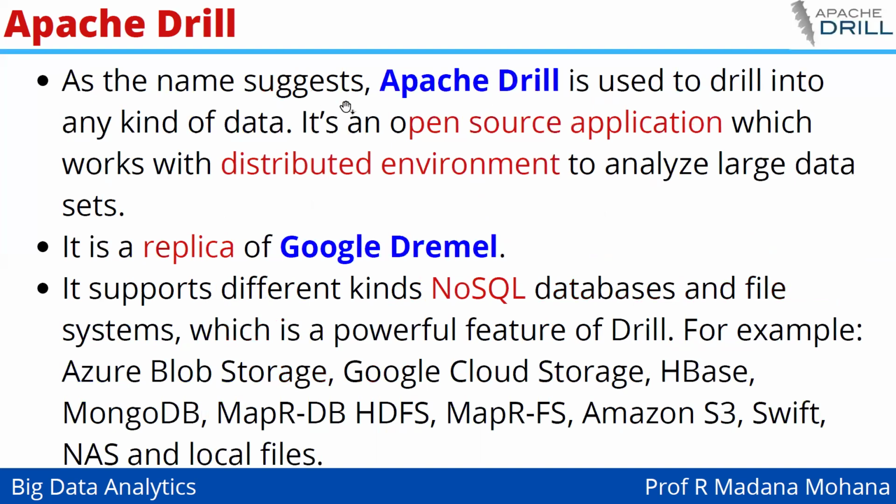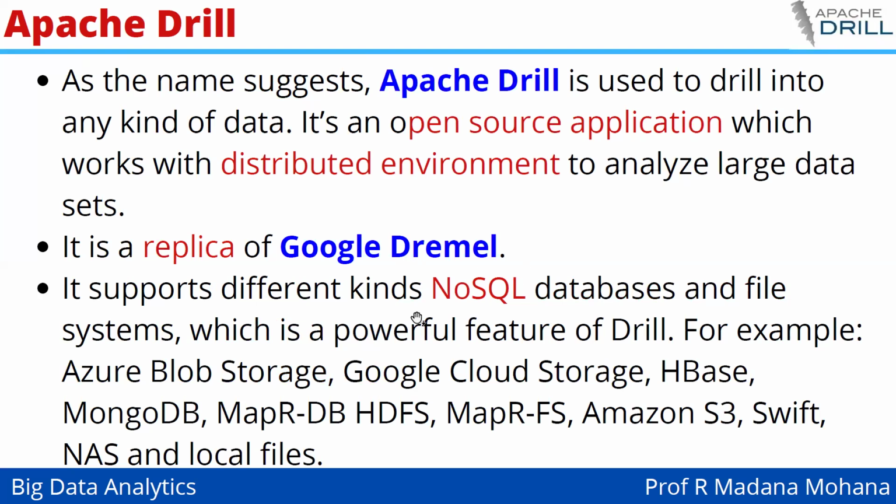Then Apache Drill is the next Hadoop ecosystem component. As the name suggests, Apache Drill is used to drill into any kind of data. It is also an open source application which works in a distributed environment to analyze large data sets. It is a replica of Google Dremel.